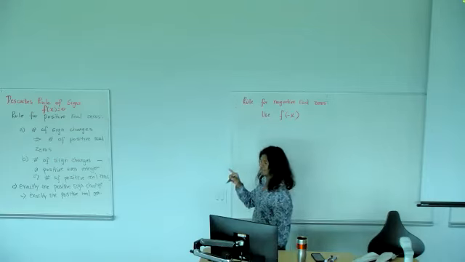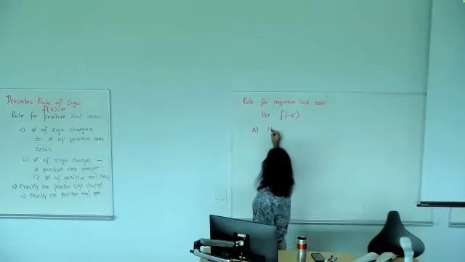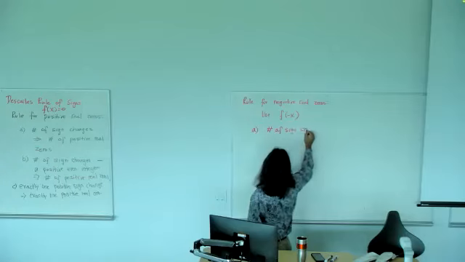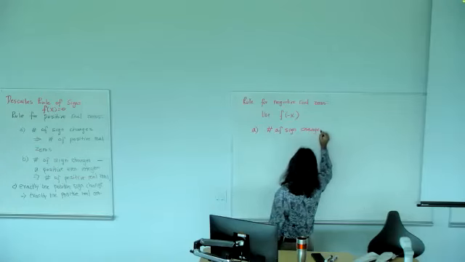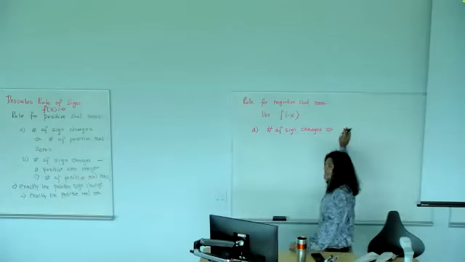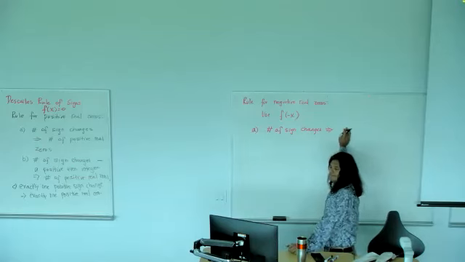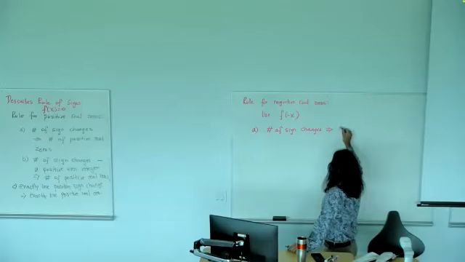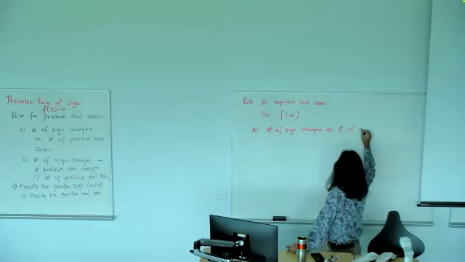The process is the same. Going to A, number of sign changes. Result in, you tell me. The number of negative real zeros.